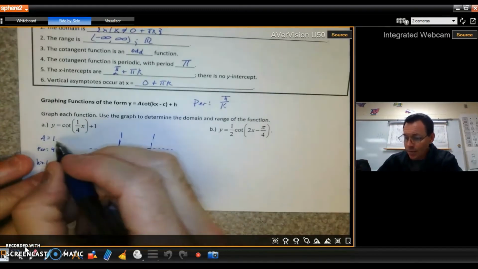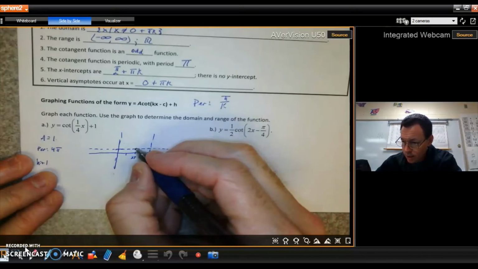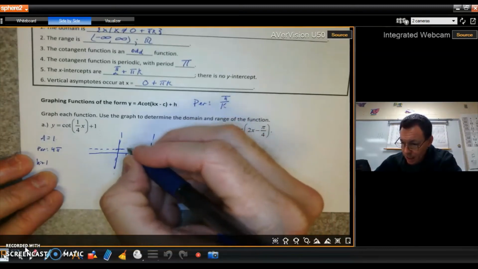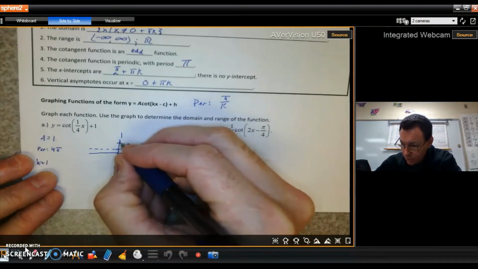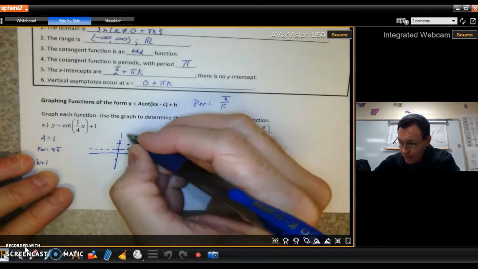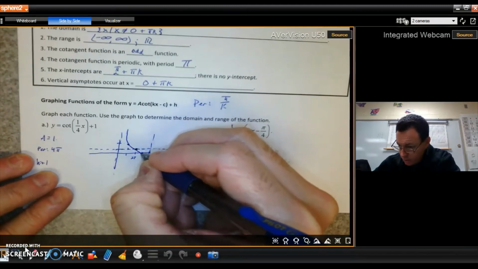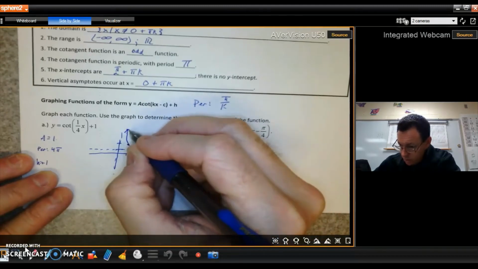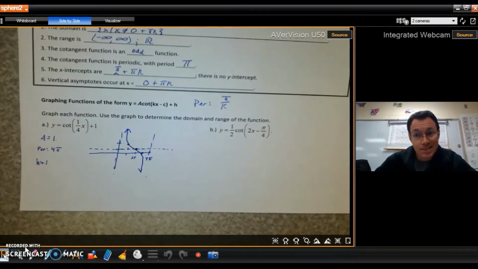And then because it has an amplitude of 1, from the midline, I'm going to go up 1, and then I'm going to go right, and I'm going to go down 1. And then I am going to draw my cotangent graph. That's it.